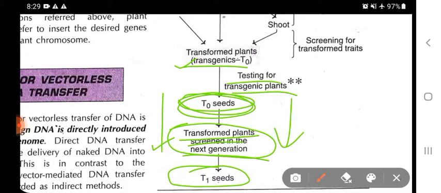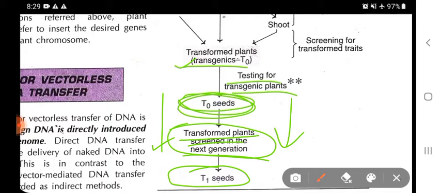Totipotent animal cells can only be observed in the embryo, where the embryo can be used as a target animal cell for introduction of our desirable gene.